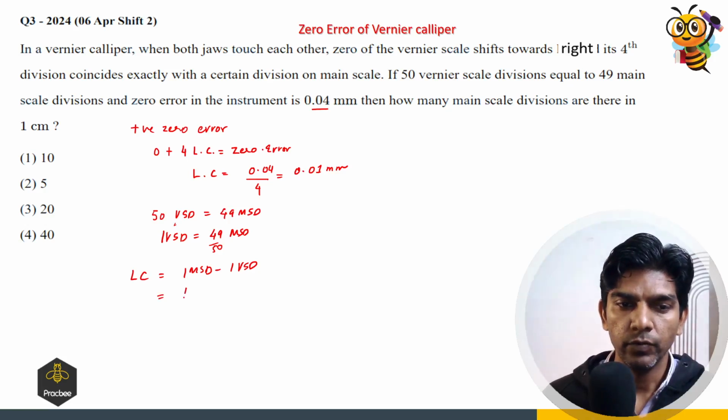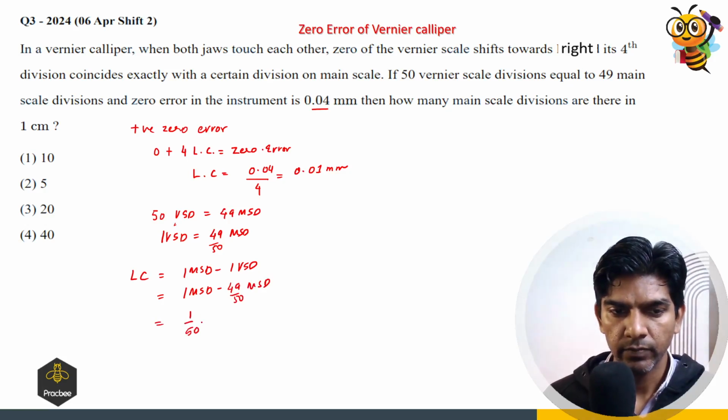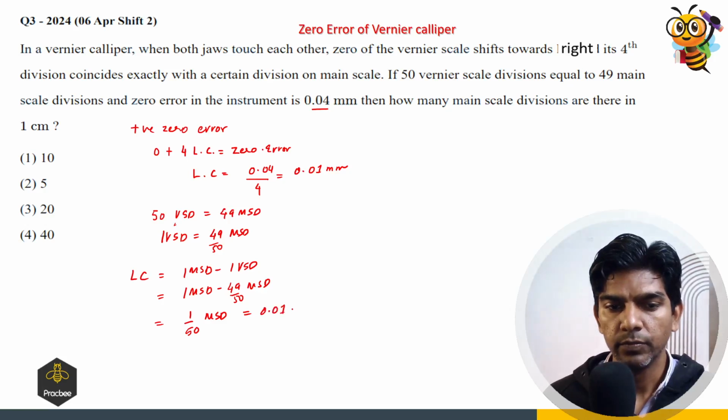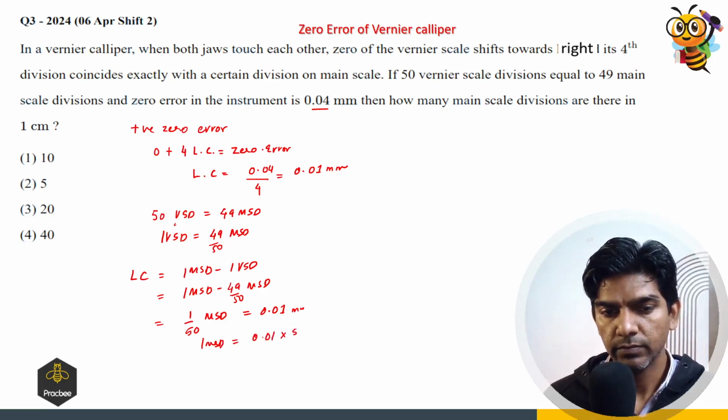So this will be 1 MSD minus 49 by 50 MSD. So this will give us 1 by 50 MSD, and least count is given as 0.01 millimeter. So 1 MSD is equal to 0.01 times 50 in millimeters, which is nothing but 0.5 millimeter.